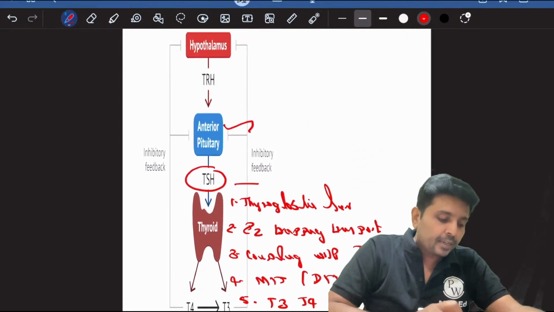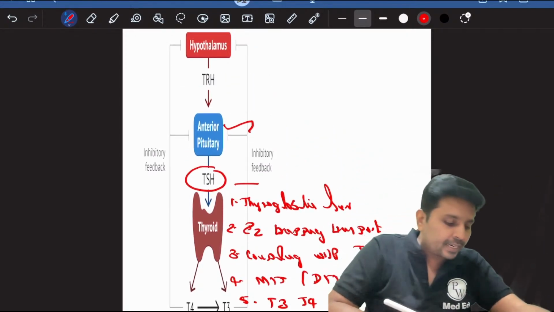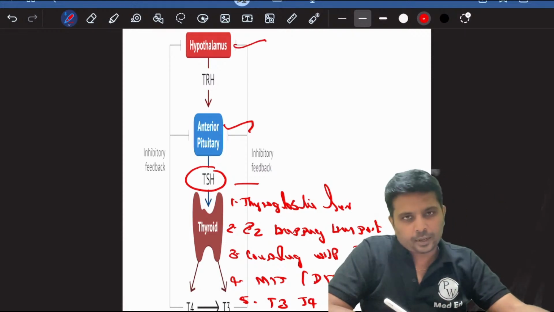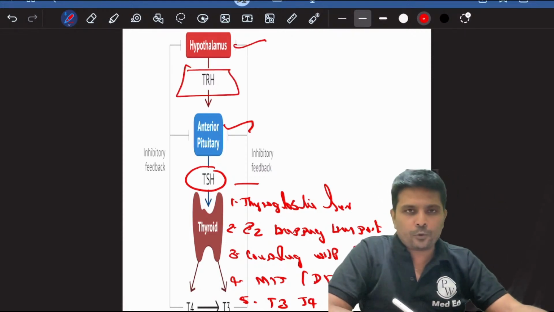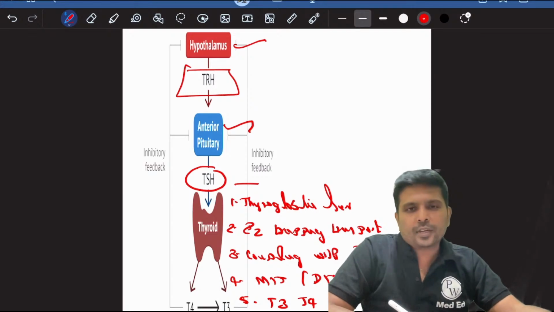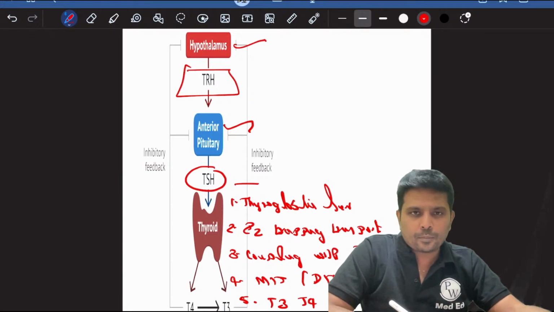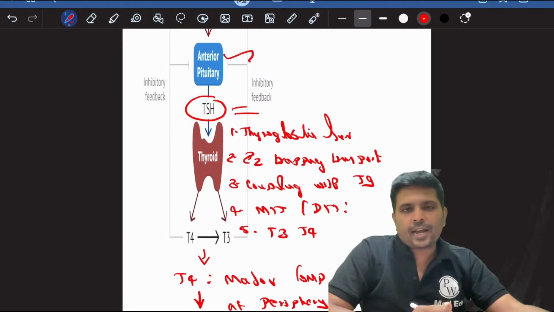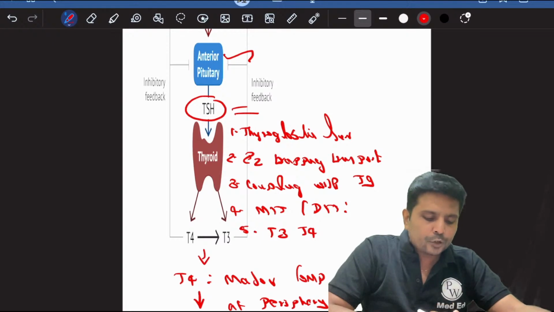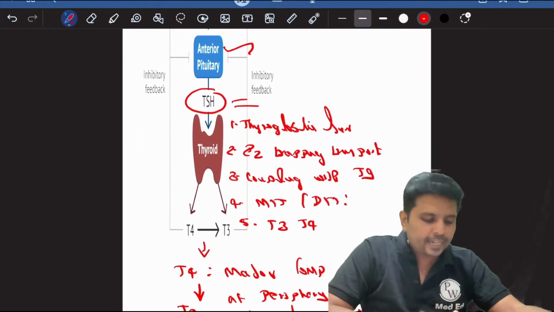And remember, the anterior pituitary is under the control of the hypothalamus. So step 1, the hypothalamus secretes thyroid releasing hormone and it acts on the anterior pituitary, which in turn produces TSH. And this TSH acts on the thyroid gland to produce T4 and T3.